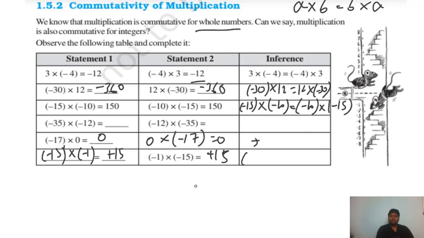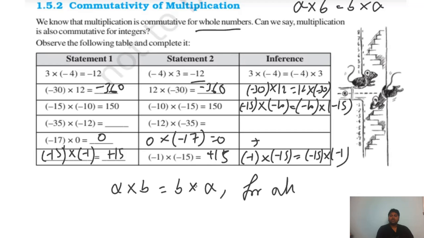So minus 1 into minus 15 equals minus 15 into minus 1. In general we can say that a into b equals b into a for all integers a and b. So the multiplication of integers is commutative.